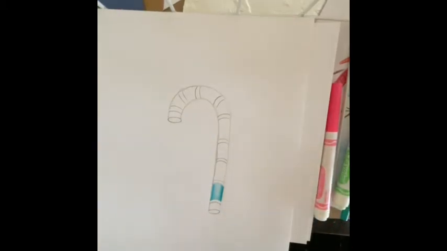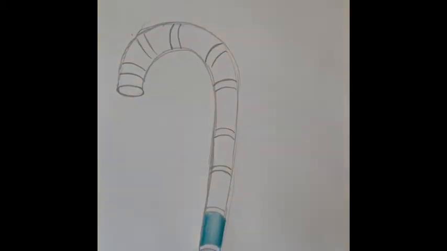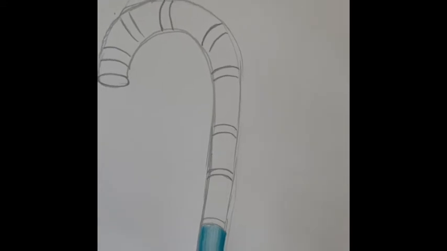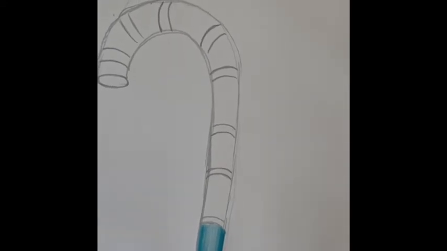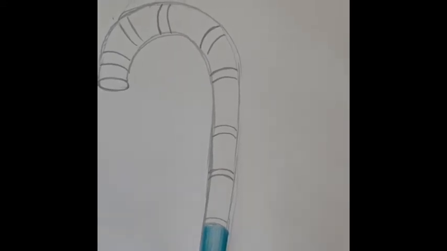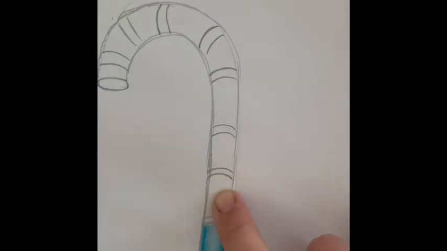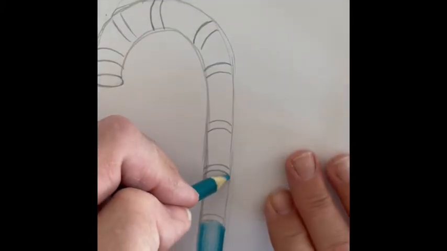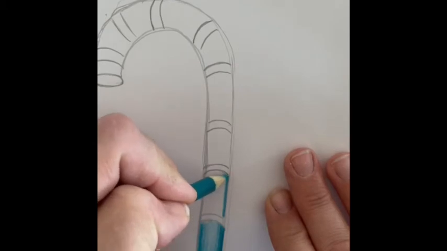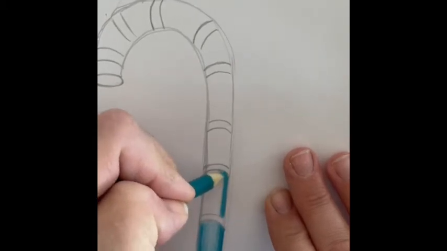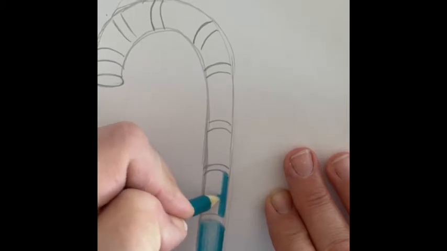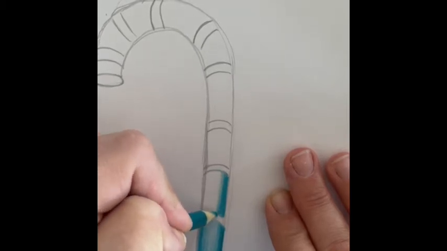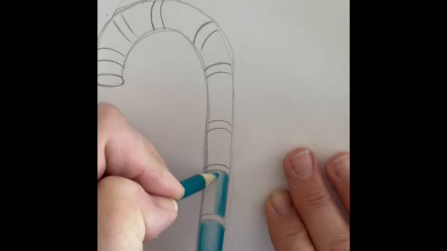Okay, let's try and zoom in a little bit so you can see that. I'll do the next one zoomed in like that. That way you can see me color a little bit more. So I'm going to do this section the same way right here. So on the edge, I'm pressing really hard to color. As I get towards the middle, I'm not pressing as hard.